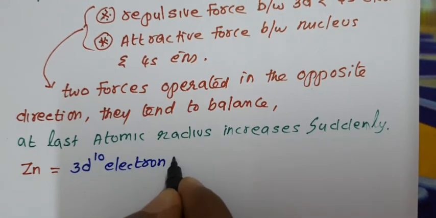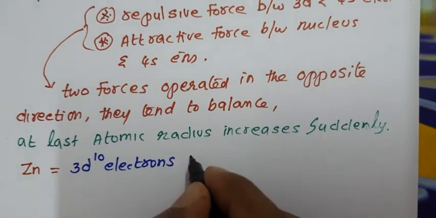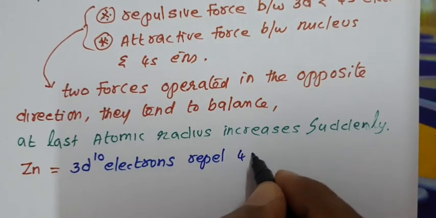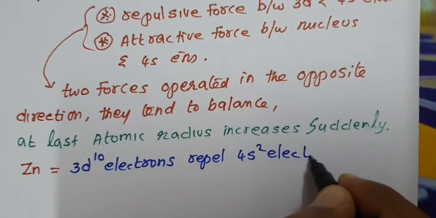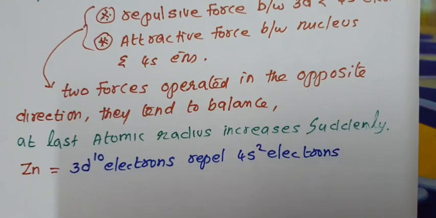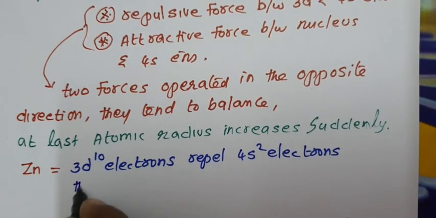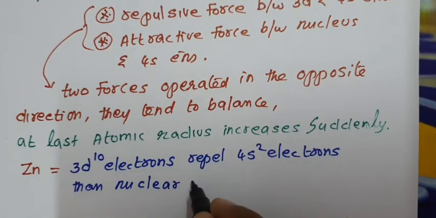The 3d10 electrons repel the 4s electrons, and the repulsive force is more than the nuclear charge.